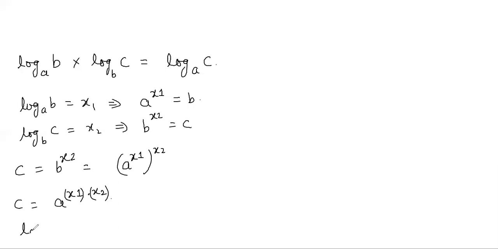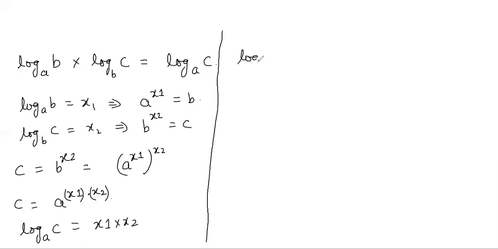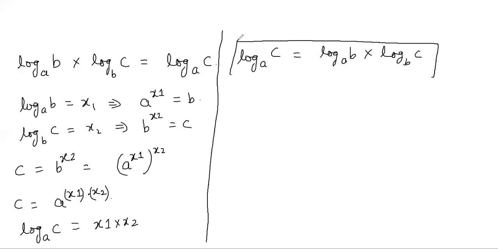It means that log of a to the base c is equal to x1 into x2, and x1 is nothing but log of a to the base b, and x2 is nothing but log of b to the base c. So hence we can say that log of a base c equals log of a base b multiplied by log of b base c.